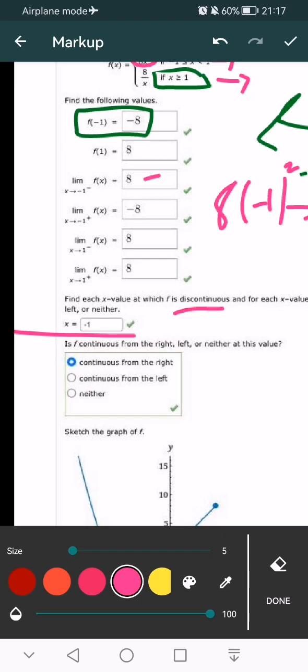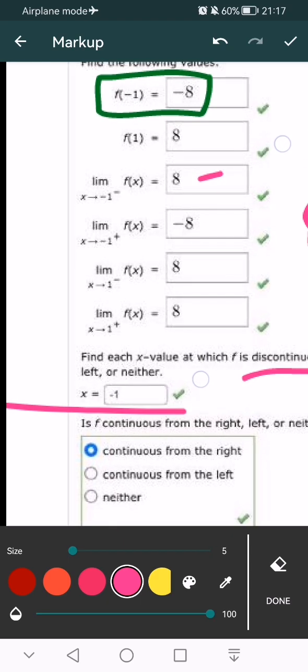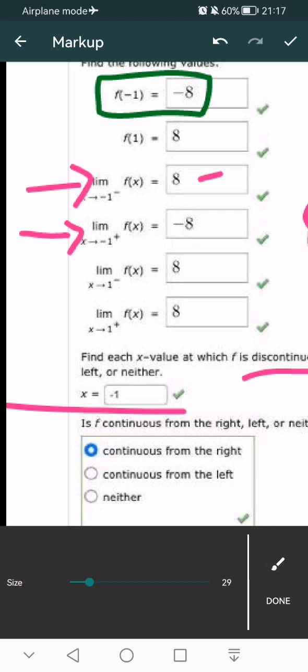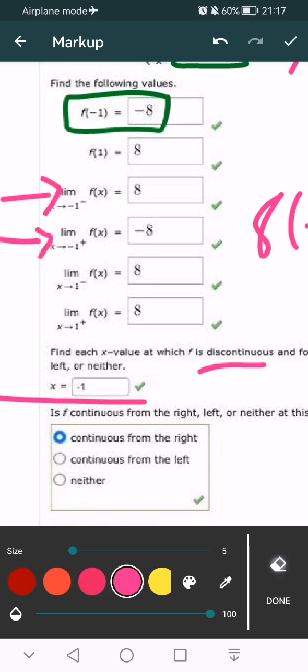There is also another way to find it. You can see that the limit at minus 1 from the left side is not equal to the limit at minus 1 from the right side. So when it is the right side, it is not equal to the left side, which means there is a discontinuity.